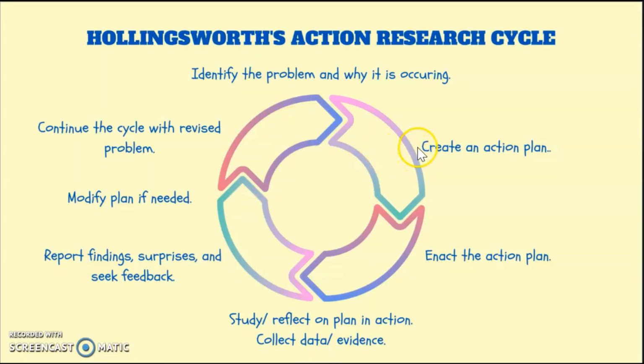Well, as you can notice here, obviously, this is a cycle, and so it follows an iterative and a reiterative process. Well, we assume that the start of everything is the identification of the problem and why it is occurring.